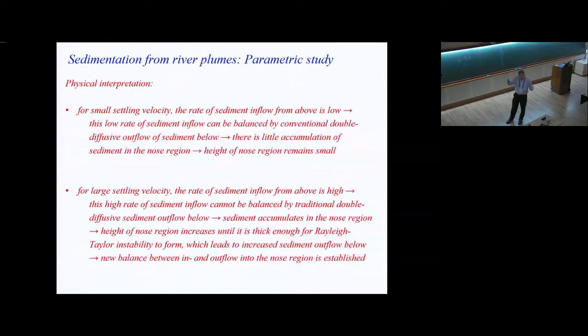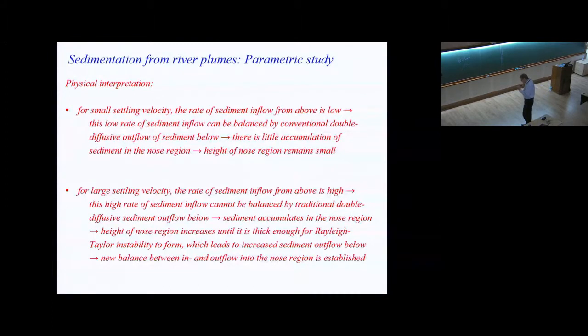And then this whole layer, this unstable nose region, just turns over in these violent and vigorous Rayleigh-Taylor motions. And that, again, then provides a strong enough mechanism to get rid of all these particles downwards. So those two instabilities, the double diffusive instability and the Rayleigh-Taylor instability, explain these two modes that have been observed experimentally.